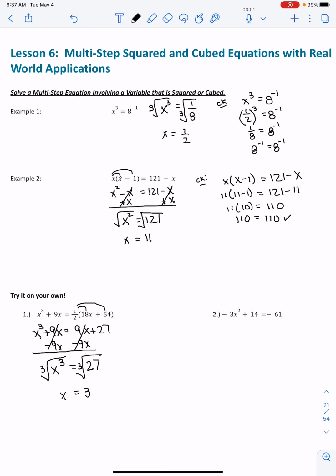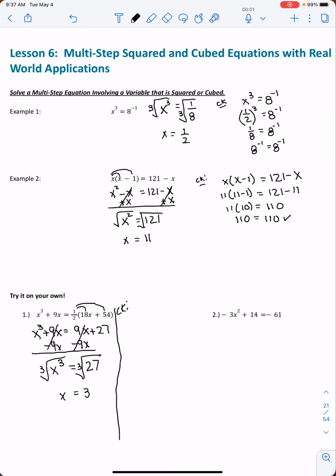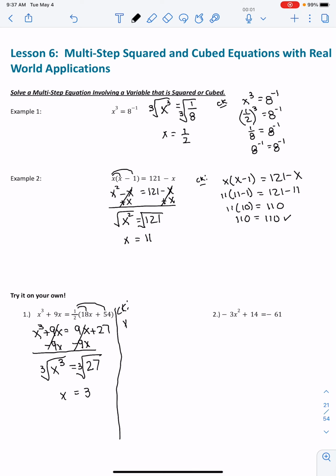So now when I go to check this, I'm just going to put a little line down here so I can check it right next to it. I have x cubed plus 9x equals 1/2 times 18x plus 54 in parentheses.